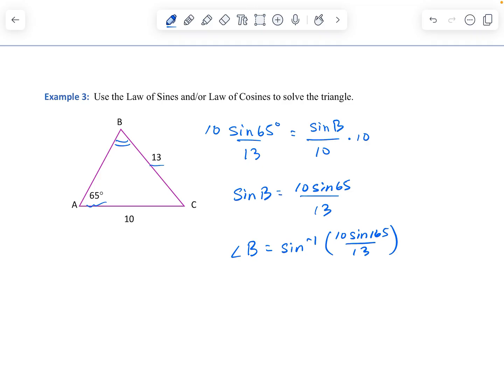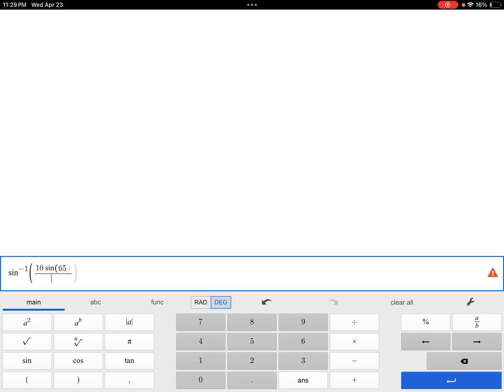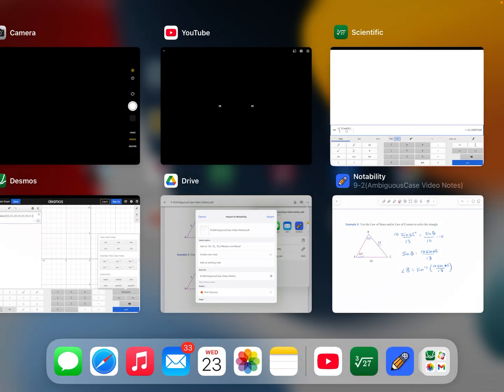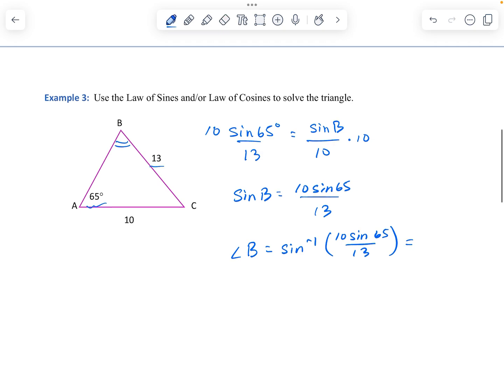Oh, I said 165, sorry, 65. Sine inverse of 10 sine 65 over 13. Okay, and I got 44.199, so I'm going to round that to 44 degrees. So I've got angle B to be 44 degrees.